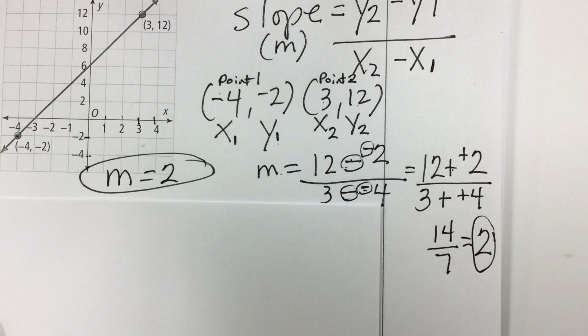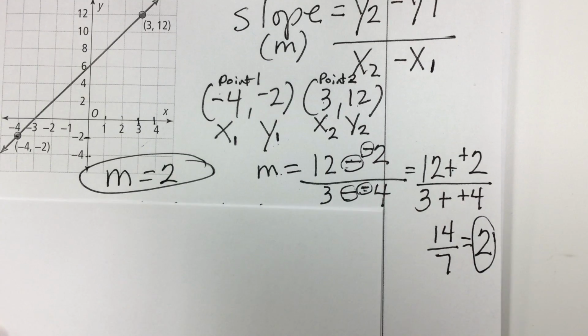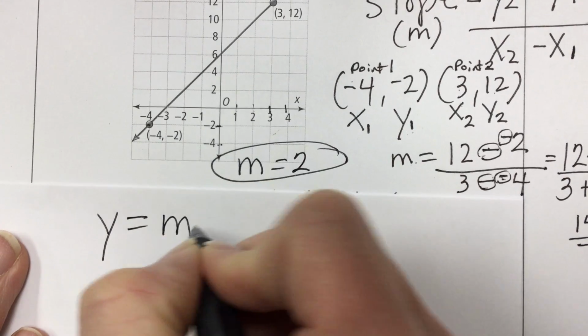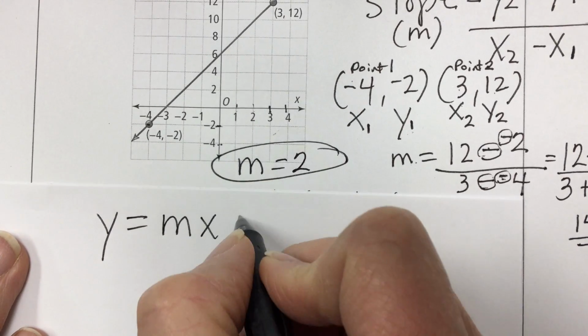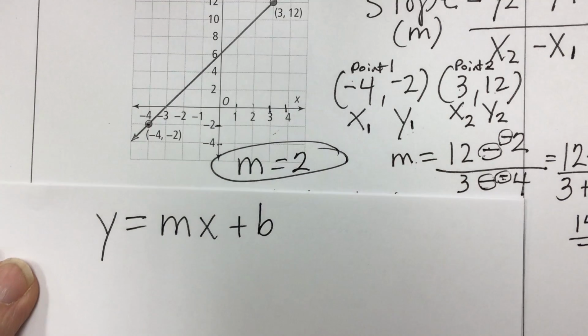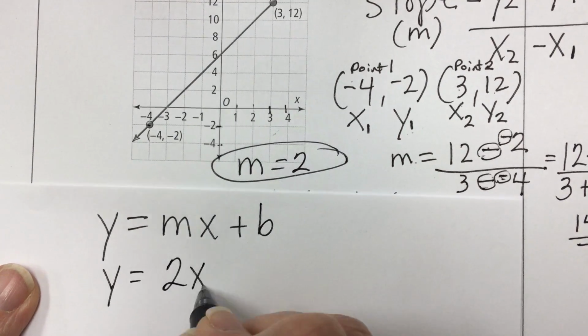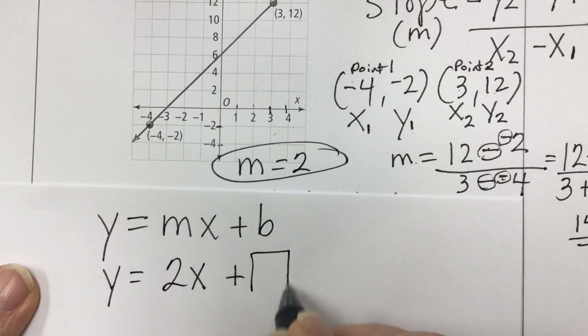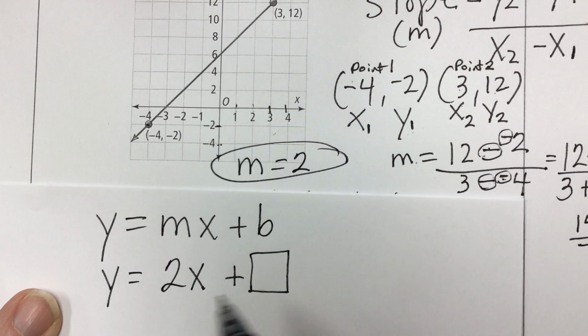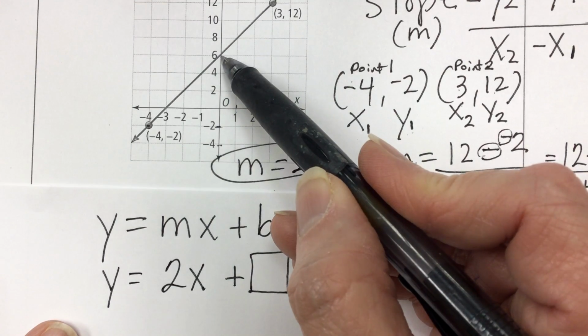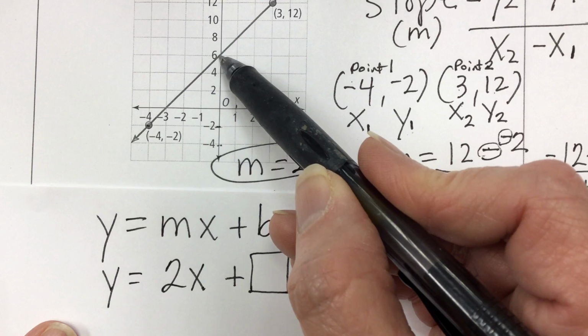Now, to write the equation of this line, remember, we will need to write the equation of the line in the form of y equals mx plus b. All right? We know my slope is 2, y equals 2x, but I don't know what my b is. Where does this graph cross the y-axis? Well, it looks like it crosses at 6, okay?